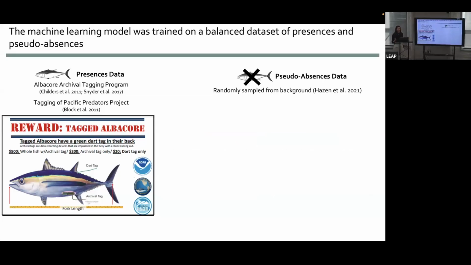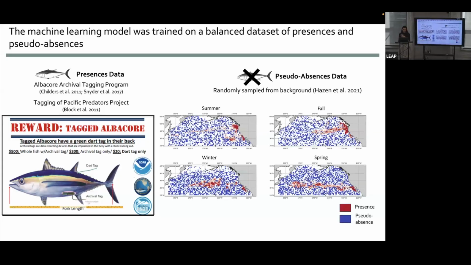There are a number of methods used in species distribution modeling to generate this type of data set, but for the purposes of our study, we just use background random sampling from the domain. So our machine learning model was trained on a balanced data set of presences and this generated data set of pseudo-absences.